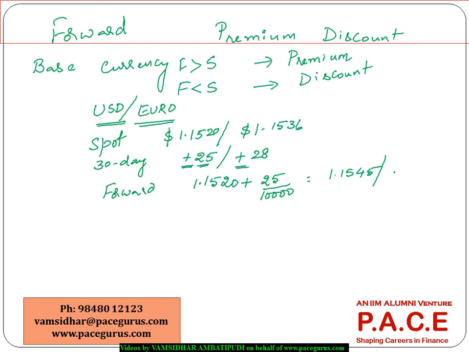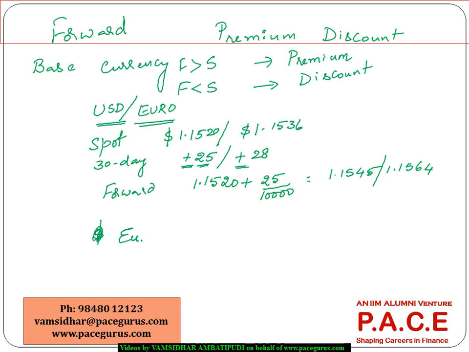Similarly, this should have been 1.1664. This should have been the forward prices. Now let's say I have got into a 30-day forward contract, and I want to buy 1000 euros.